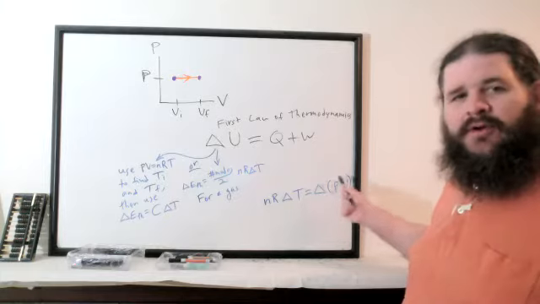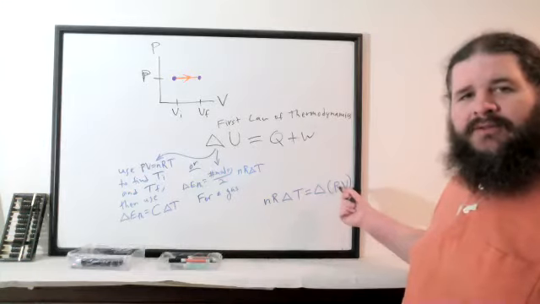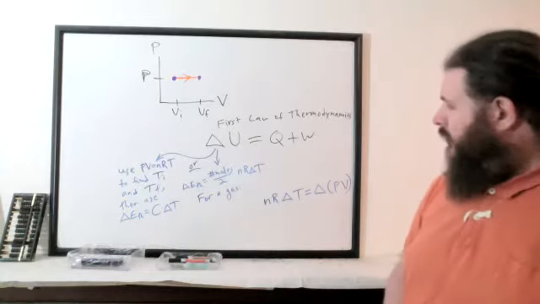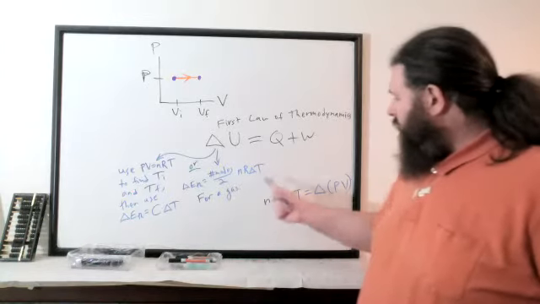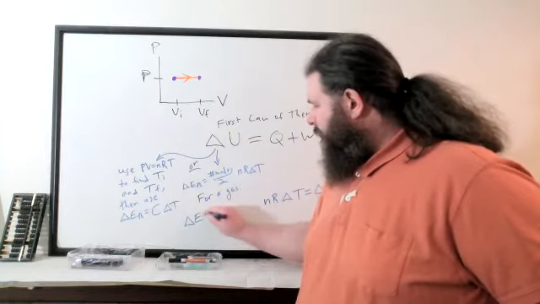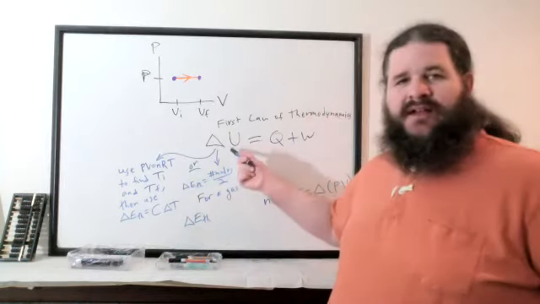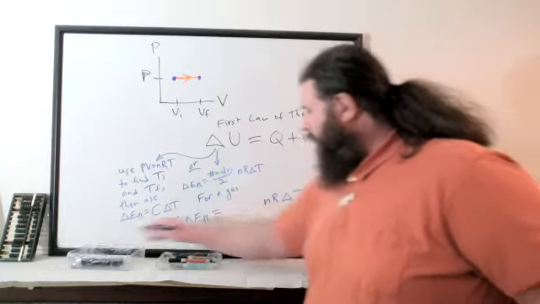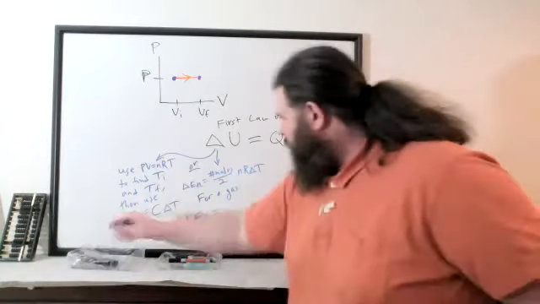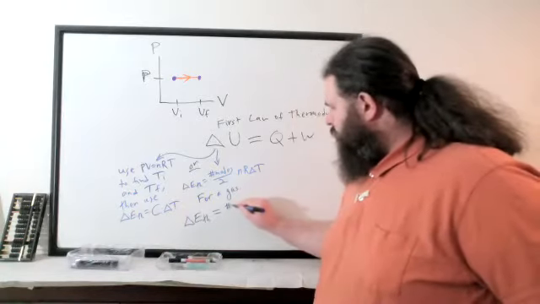And that's delta the whole thing in the sense of final pressure times final volume minus initial pressure times initial volume. So we could replace the nR delta T with just delta PV and we get delta E thermal, which in this context is delta U, equals number of modes over 2 times just delta PV.